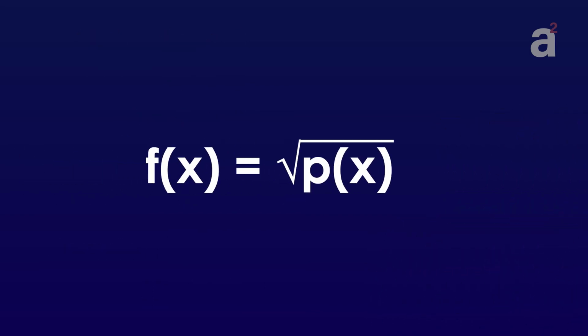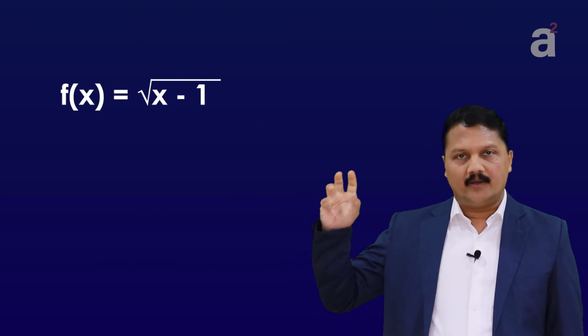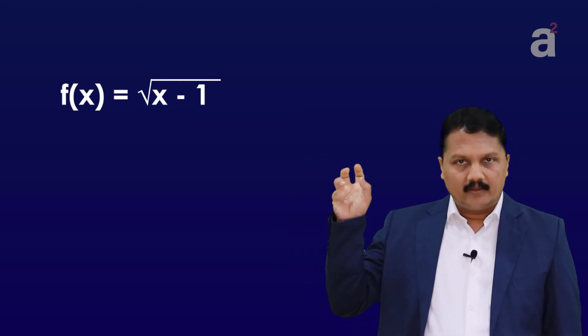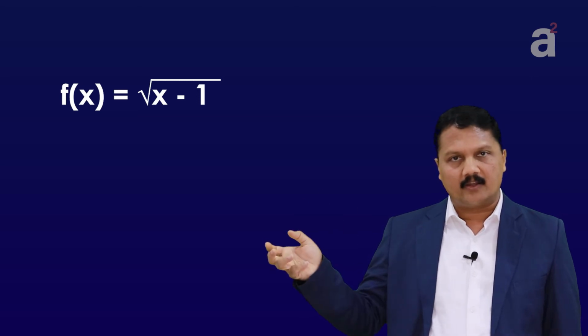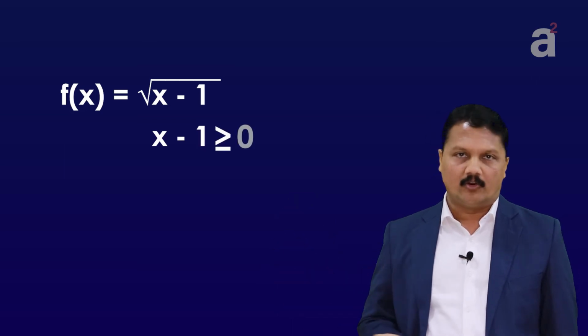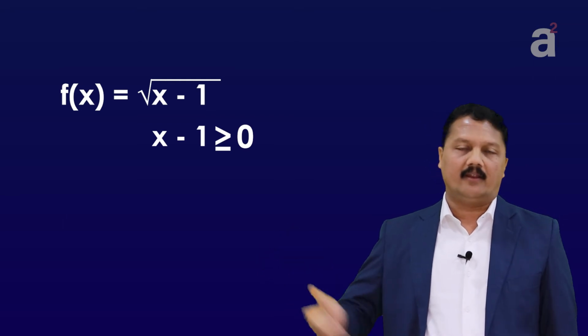Thirdly, we consider the function f of x equal to square root of p of x. That means square root of any polynomial. For example, square root of x minus 1. If the function is square root of a polynomial, the function inside the square root, that is in this particular question x minus 1, should be greater than or equal to 0, because root of a negative number is not a real number.